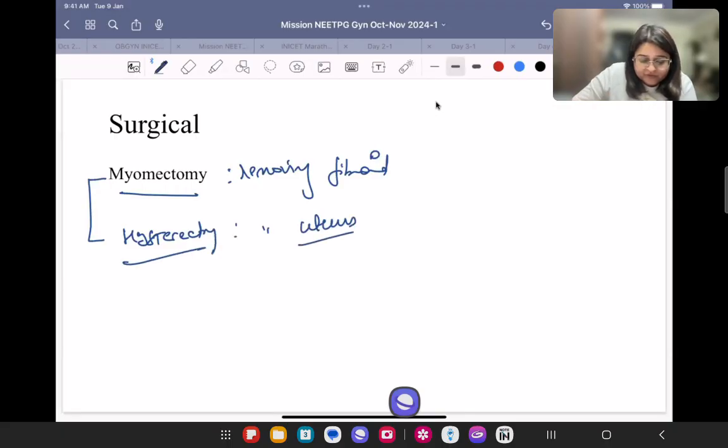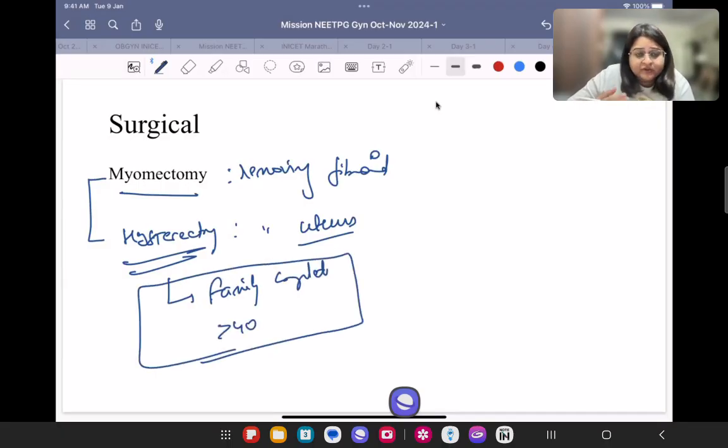So you will want to remove the uterus in women who are on the older side. Family complete, usually women who are more than 40 or 45, you would want to do a hysterectomy because then there's no point doing only a myomectomy. It is technically a more difficult surgery associated with blood loss. It can recur. Why do you want to do a myomectomy if the easier option is doing a hysterectomy?